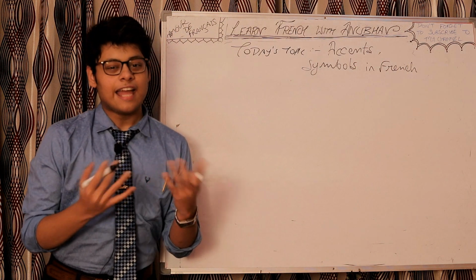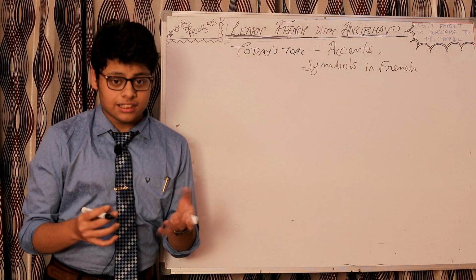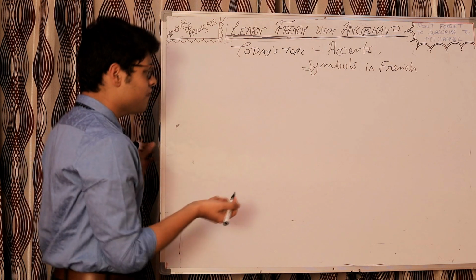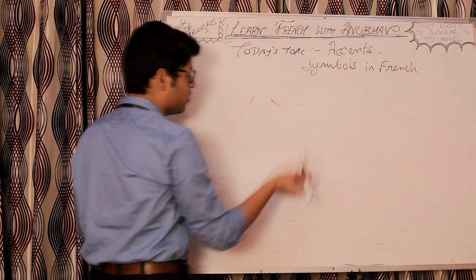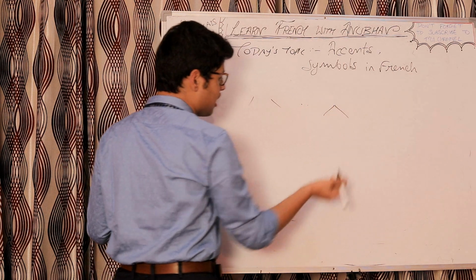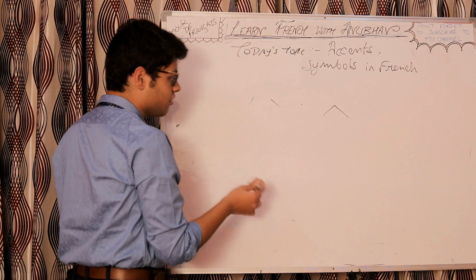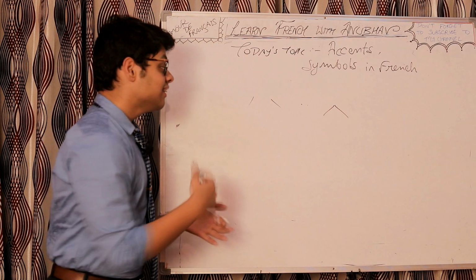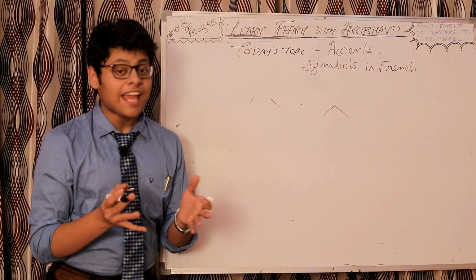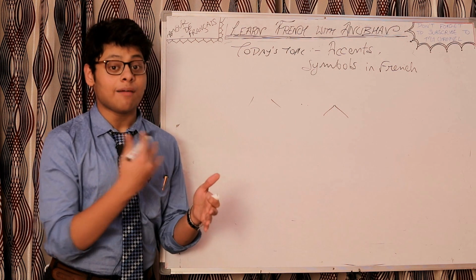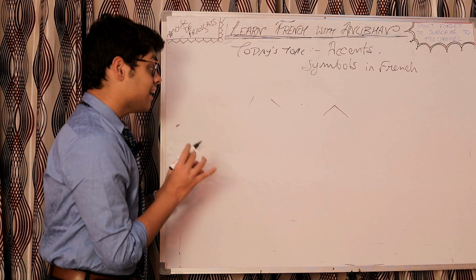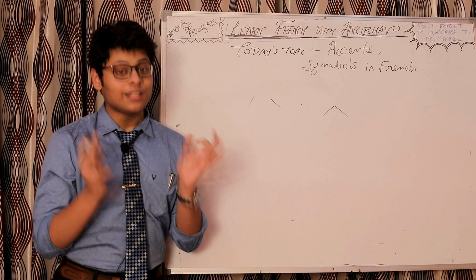Now, while reading any passage or any sentence, it is very common to find some symbols like this, horizontal colon, then this heart kind of thing, right? It's very common to see this. So, it's not like they are put anywhere just like that. They have some special purpose when they are put in some particular place. And today we'll be discussing those only.